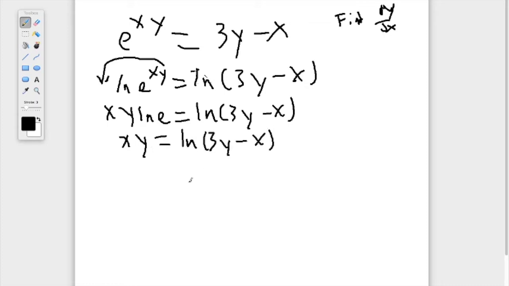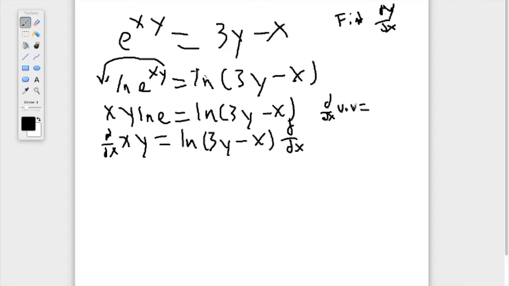So now we're ready to differentiate. I'm going to take the derivative on both sides. These two are two separate functions, and none of these are constants. So since they are two separate functions, we're going to have to use the product rule, which is basically the same thing as, say x is u and y is v.